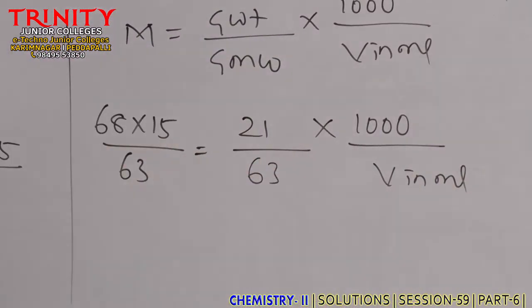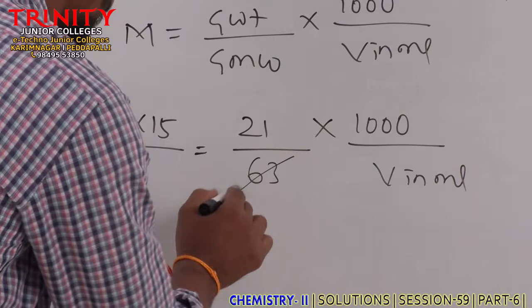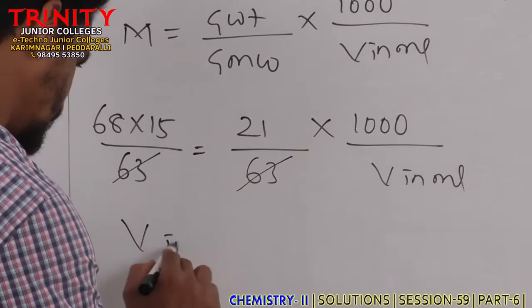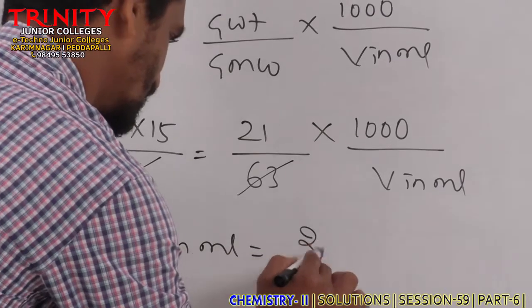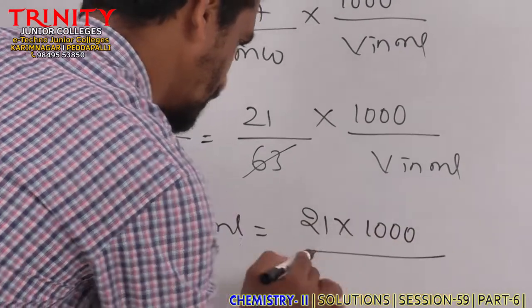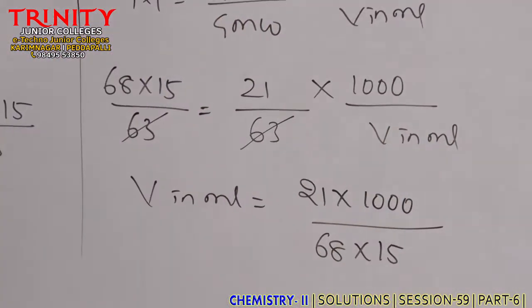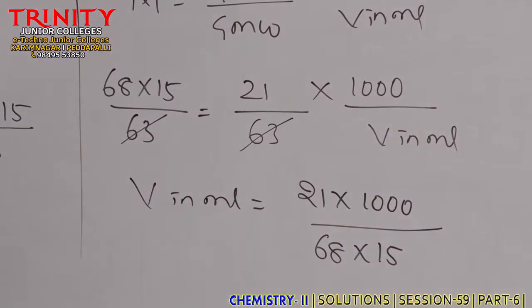Volume only you are asked to find. Clear? Now 63 can be cancelled. Now volume in milliliters equals 21 into 1000 by 68 into 15. Clear? This will give the volume of the solution.